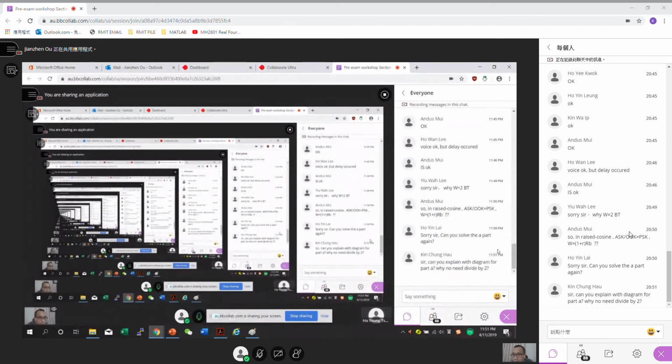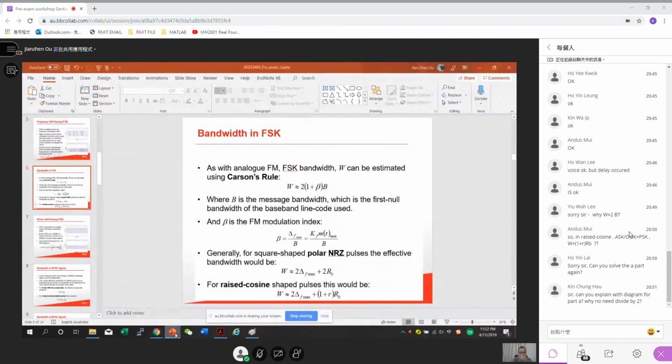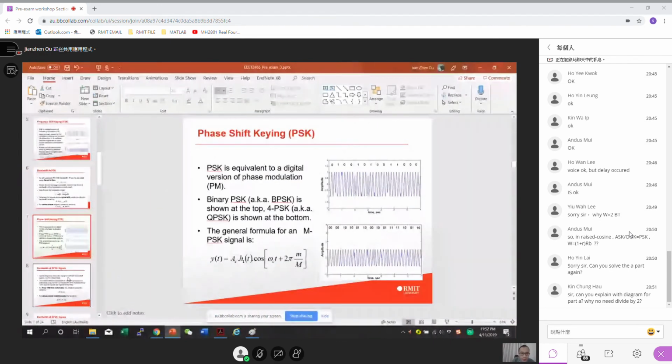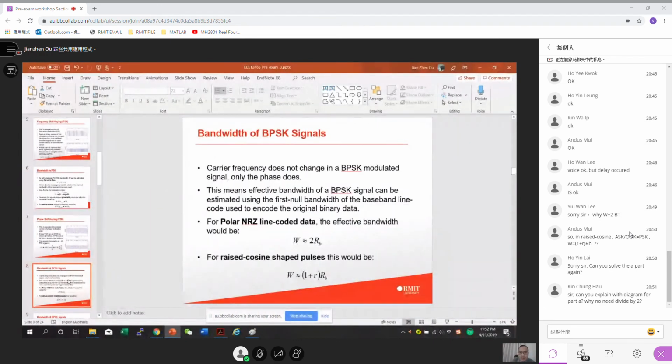Okay, raised cosine. So the A part again. Why no need to divide by 2? According to the formulas here, for the OOK, which is a binary ASK, and for the BPSK, this is the formula shown in the lecture slides. This is for square shapes, where the effective bandwidth is almost equal to 2 times the bit rate.